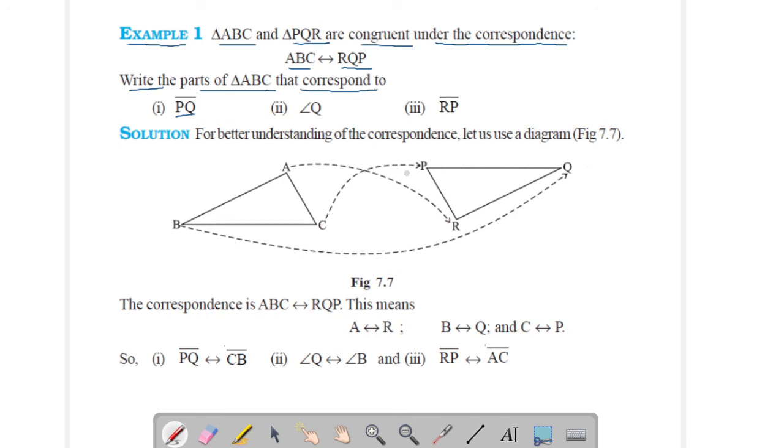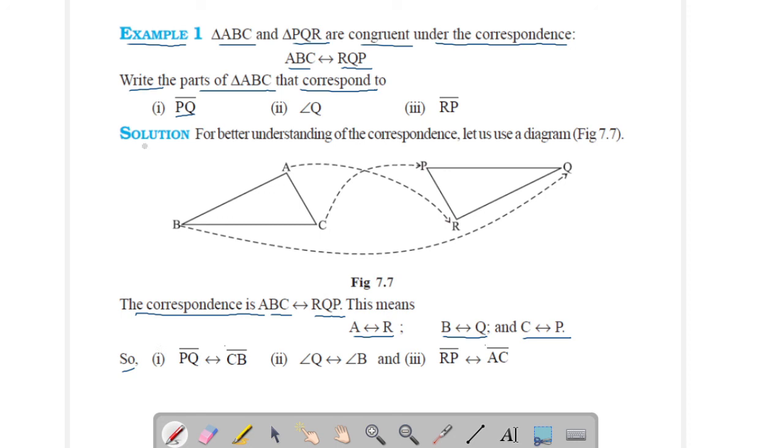The correspondence is ABC corresponds to RQP, that is A corresponds to R, B corresponds to Q, and C corresponds to P.